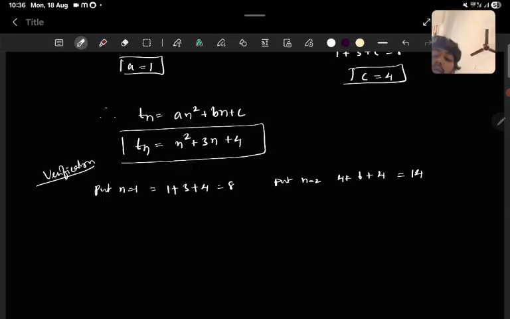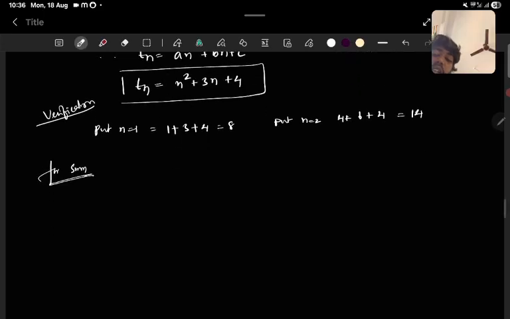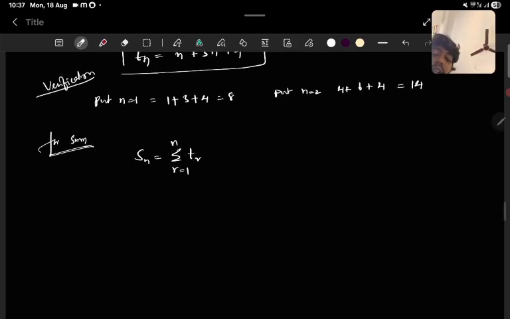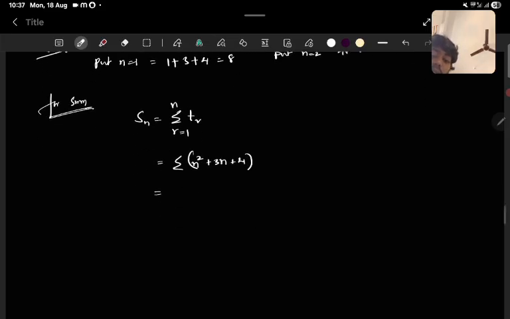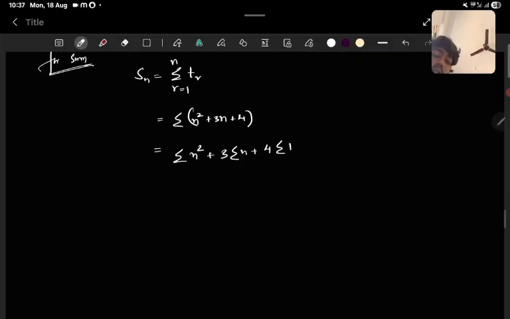Next part, for sum. For sum, how to find the sum, beta? Sn is equals to summation Tr, where r is starting from 1 to n, right? So therefore summation n square plus 3n plus 4. Okay, beta. Now it will be summation n square plus 3 times of summation n plus 4 times of summation 1.